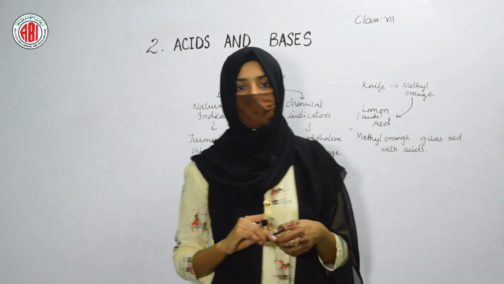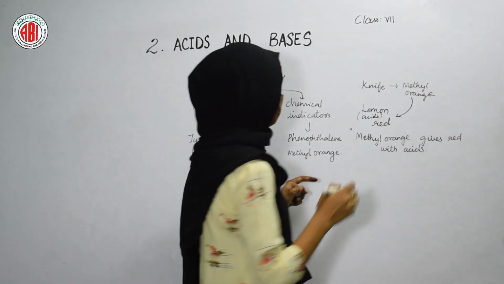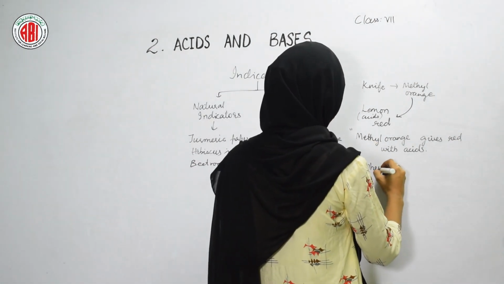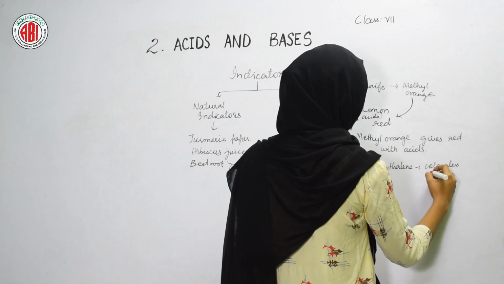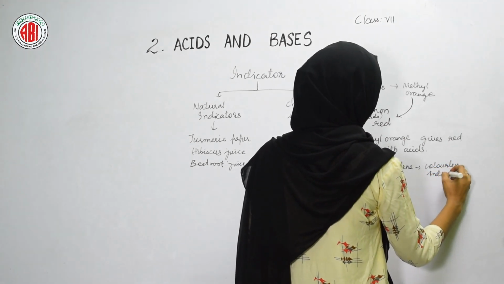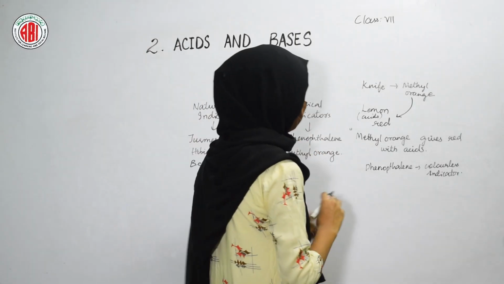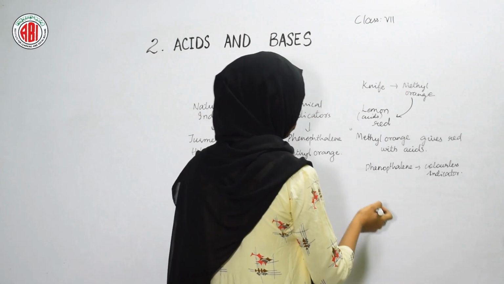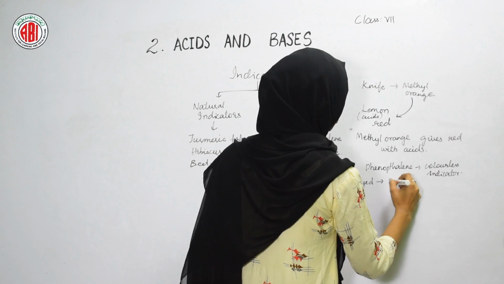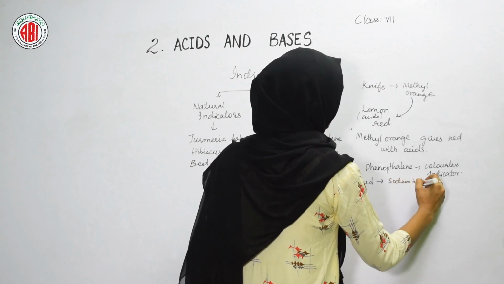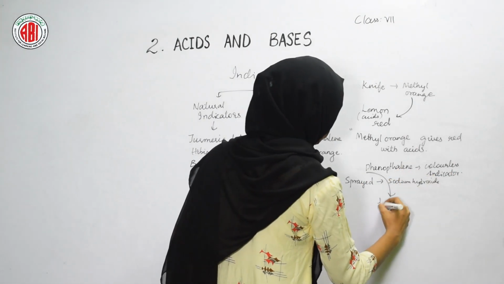Is it magic? It is not magic, it is also a science principle where she uses the indicator called phenolphthalein. Phenolphthalein is a colorless indicator. She dipped that plain white paper in the phenolphthalein indicator, and after that, when she sprinkled the drops of sodium hydroxide onto this paper, this sodium hydroxide makes the colorless phenolphthalein change into pink.